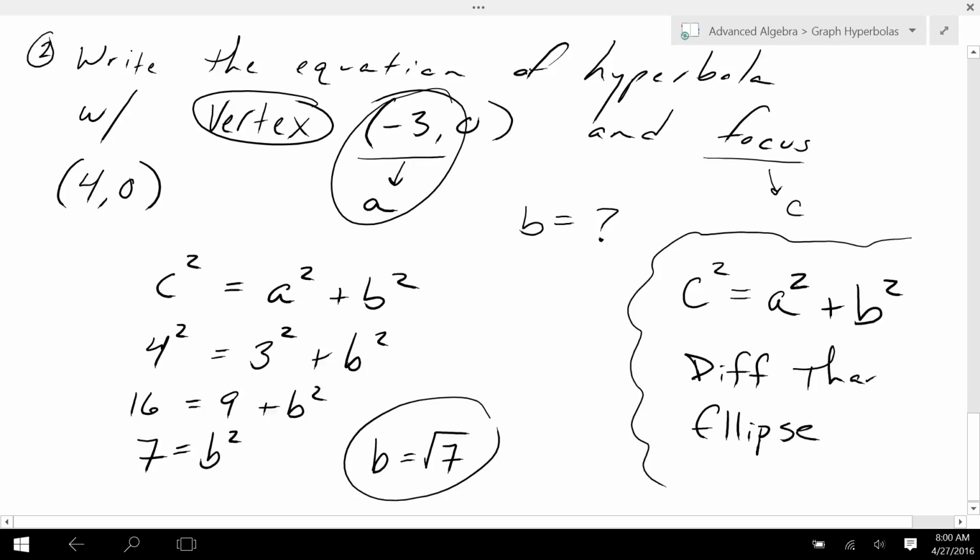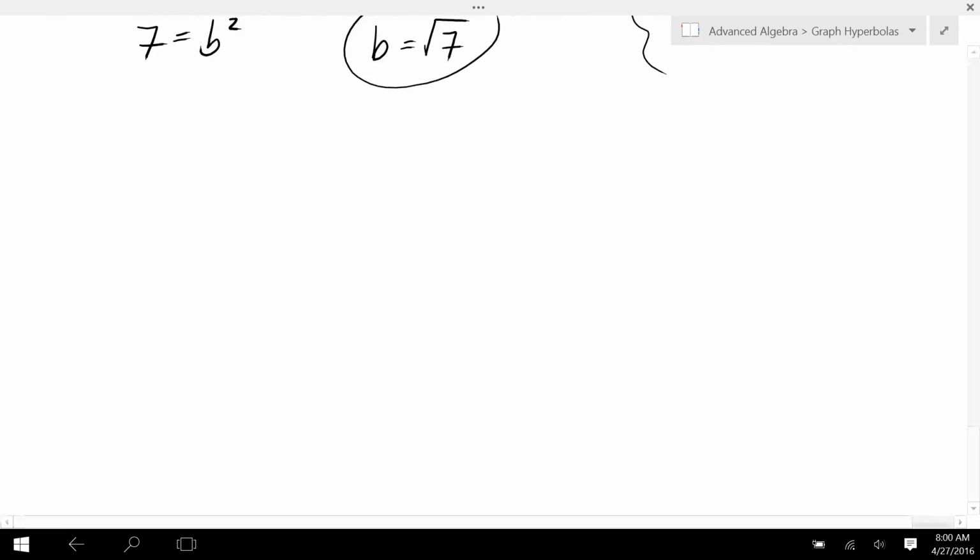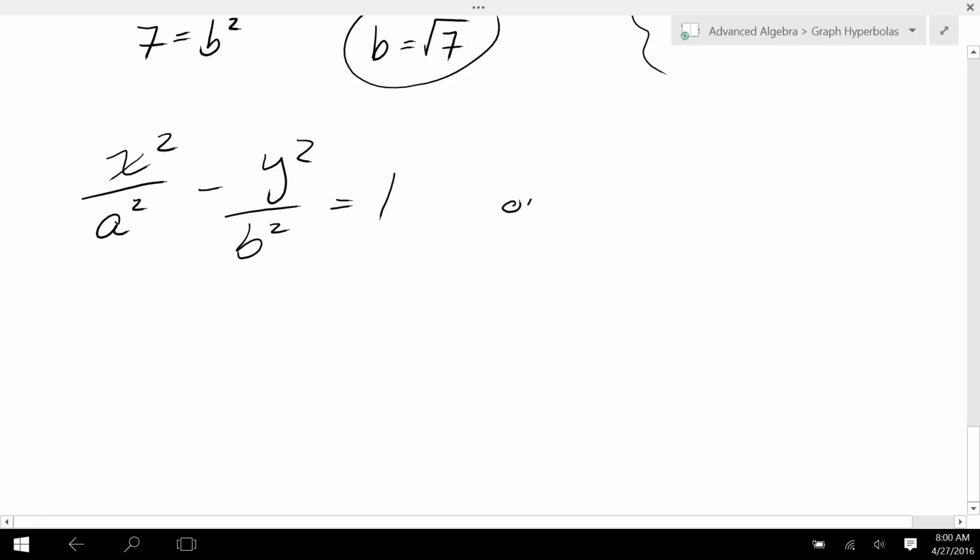We have an A value, we have a B value, we can go ahead and write an equation. All right, x squared over A squared minus y squared over B squared equals 1. Is it that, or is it the other equation, y squared over A squared minus x squared over B squared equals 1?